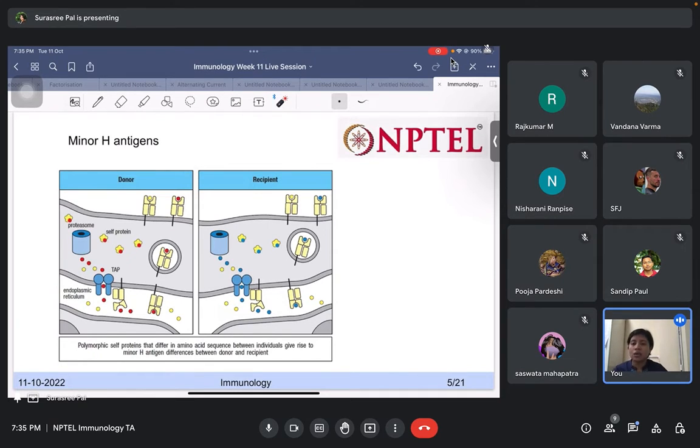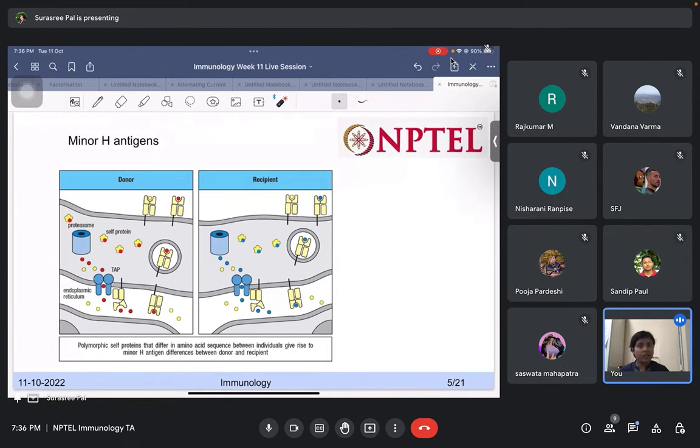So this is the role of minor H antigens, which is why even between the MHC identical donor and recipient, we need to treat the recipient with some immunosuppressive drugs before the transplantation can take place.